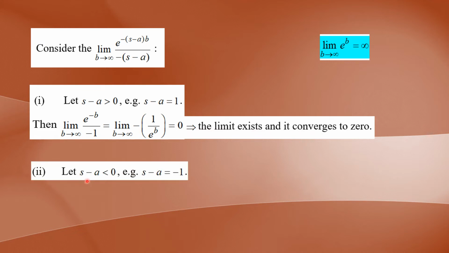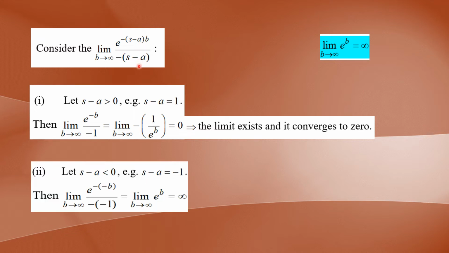Let us now consider the case when s minus a is a negative number, a number less than 0. So for example, s minus a is equal to negative 1. Substitute s minus a by negative 1 into this part and into this part. So we'll get the following: limit as b goes to infinity of e to the minus negative 1b divided by negative 1.